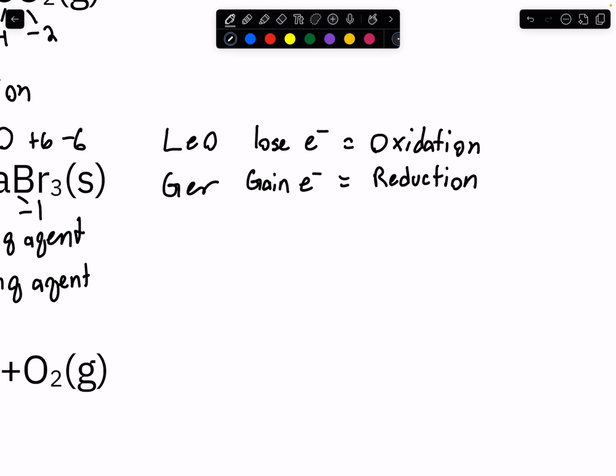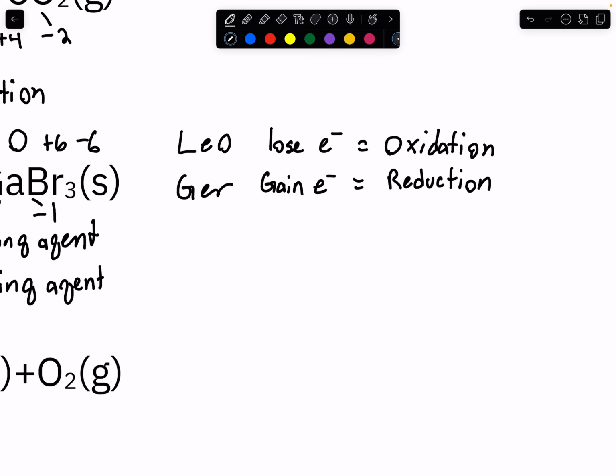I know it's kind of funky to think about, oh, if I gain something, that means I'm being reduced, but you have to remember that electrons are negative. So if you have a 6 and you're adding a -3, you're technically going from this big old 6 to a 3, and you have reduced yourself. I also like to think about it as soup.